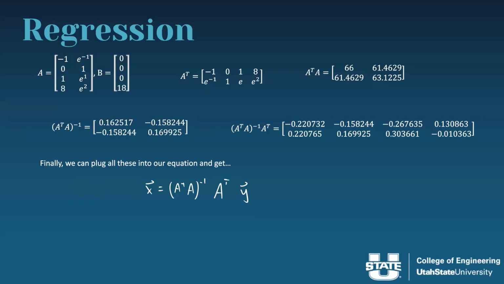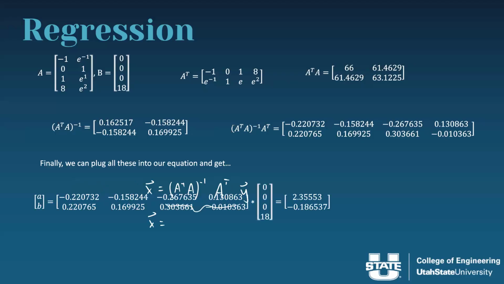And then we get x is equal to whatever these multiply out to be, which ends up being this. So this right here is the inverse of A transpose A. This was A transpose times our y vector from all our y values. And when we multiply these together, we get these two values.